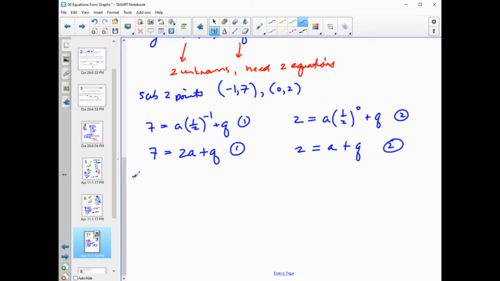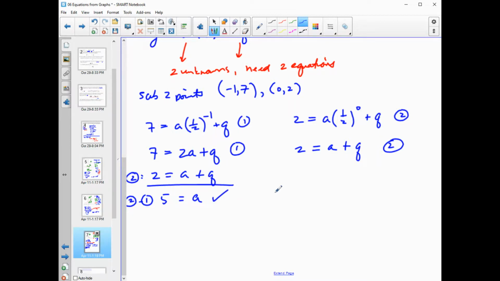I'm going to take equation 2 and rewrite it underneath equation 1. And hopefully you can see that if I take equation 1 minus equation 2, 7 minus 2 is 5. 2a minus a is just a. And q minus q is 0. That tells me my a value is 5.